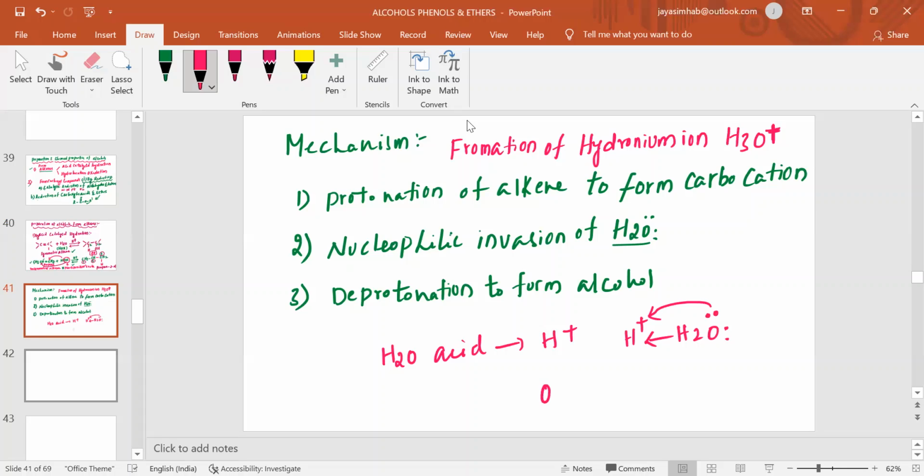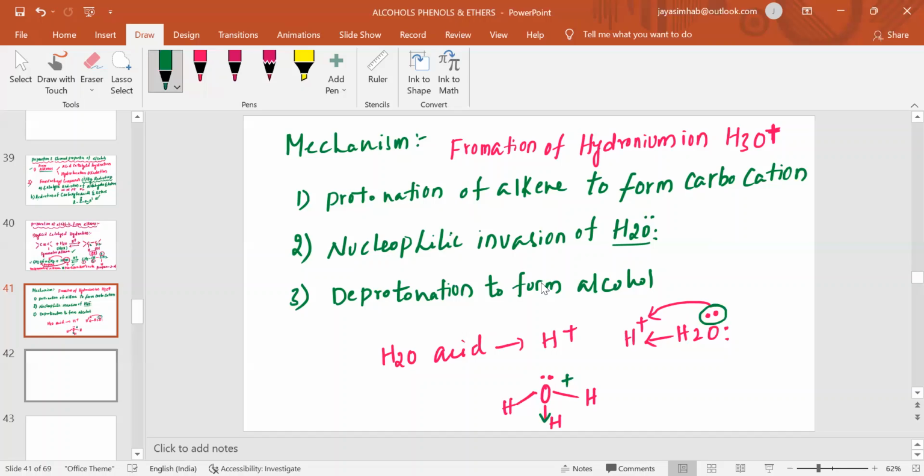I can write it like this: H, H, H, with one lone pair of electrons and a positive charge, because it is donating an electron pair completely to the proton. So one will be a dative bond here.